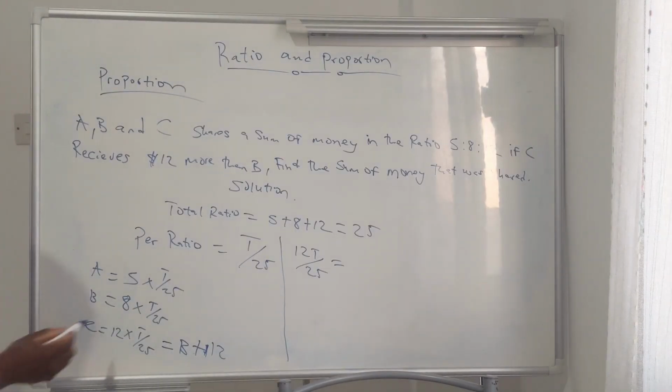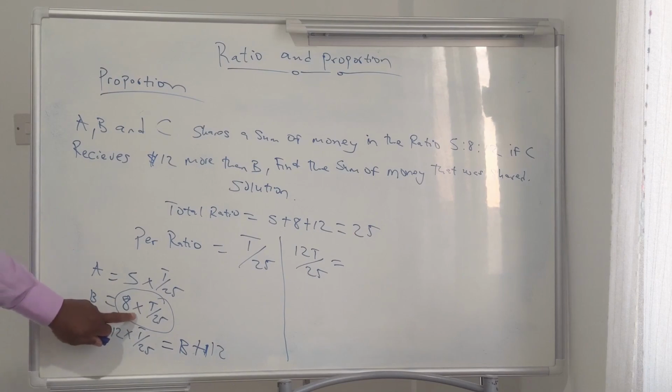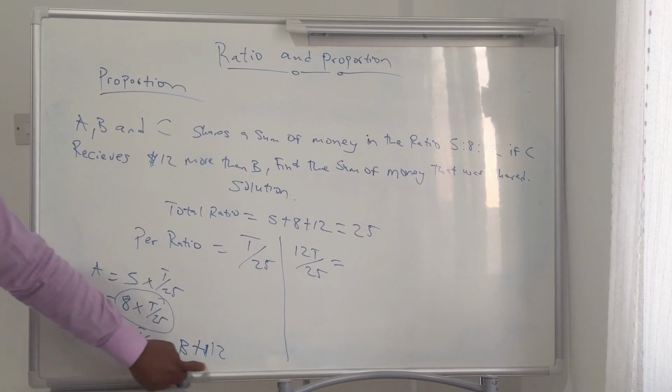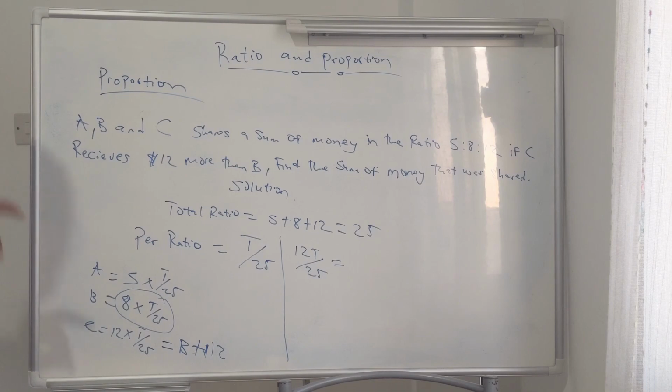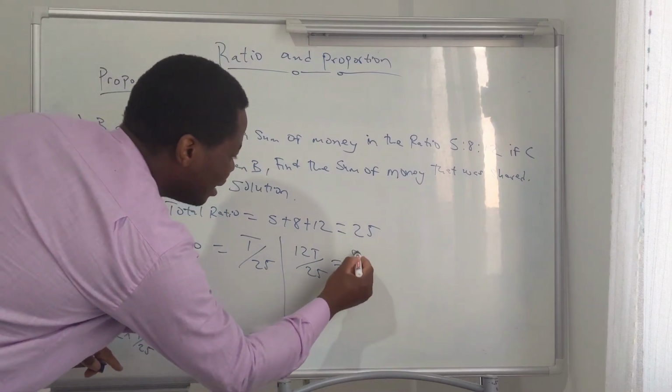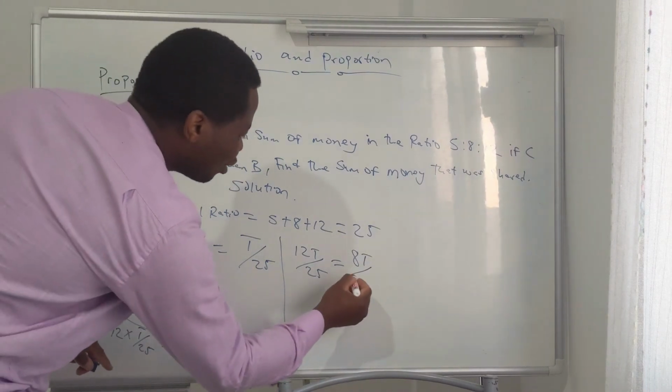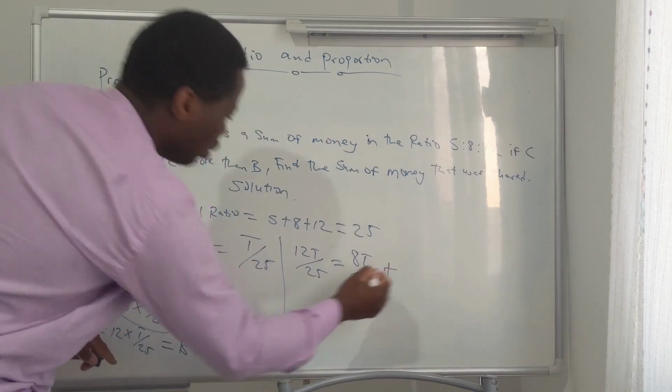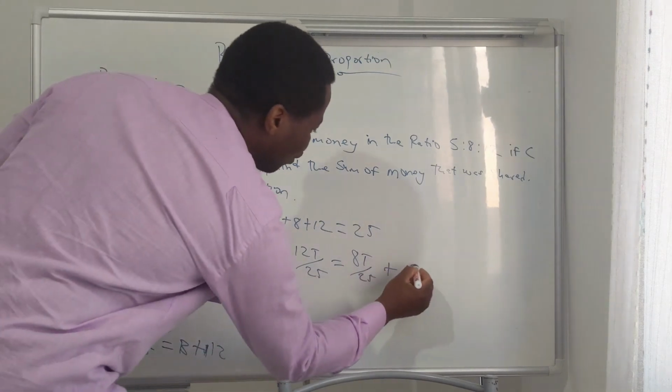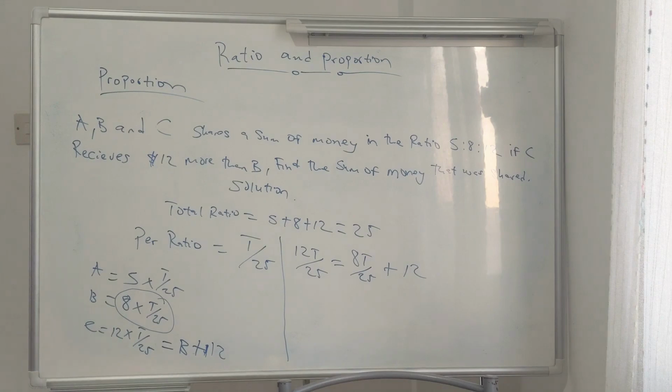And what is our B? Our B is this. So he received B plus $12 more. So we can now say it's equal to 8T over 25 plus 12. I hope you understand it.